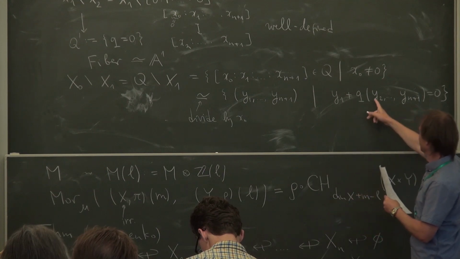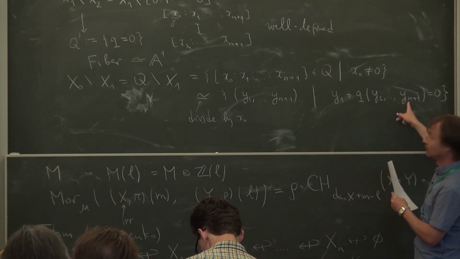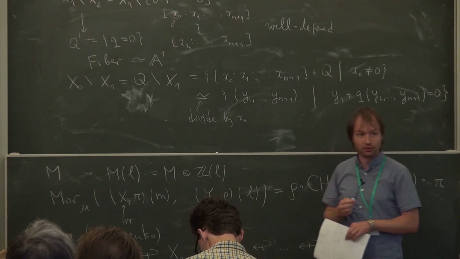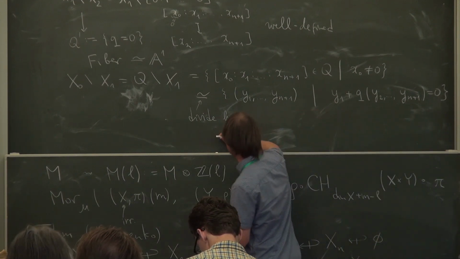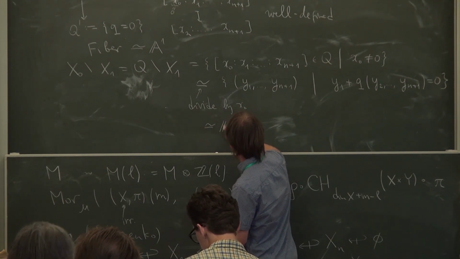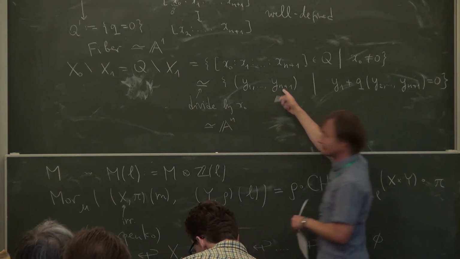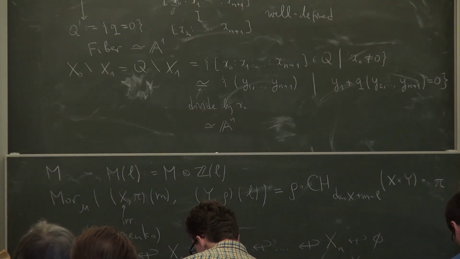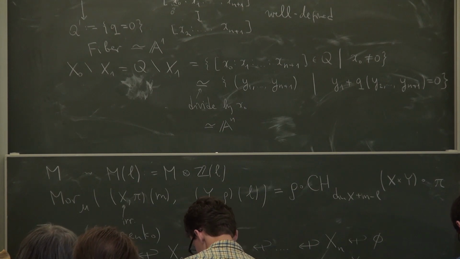And so y2 up to yn+1 are arbitrary. y1 can be found from this equation. So this is isomorphic to An, just n arbitrary parameters. So here it means a rank n fibration over a point.